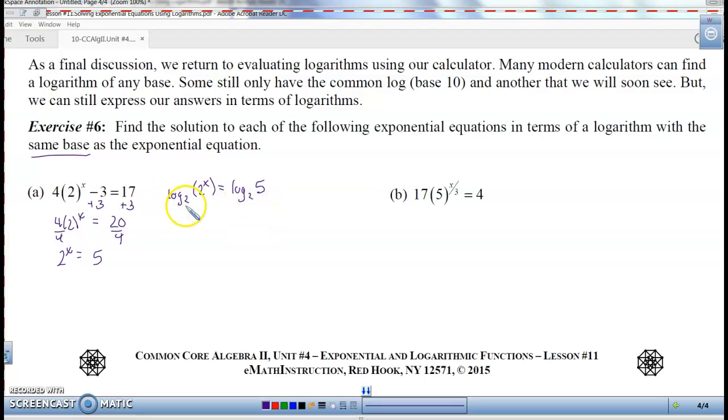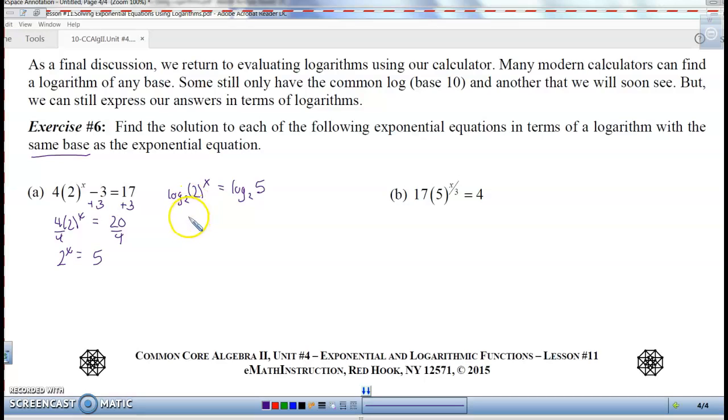All right, now the interesting thing here, let me put the x on the outside. Let's do it that way. x log to the base 2 of 2. What is log to the base 2 of 2? 2 to what power is 2? Well, isn't that just 1?